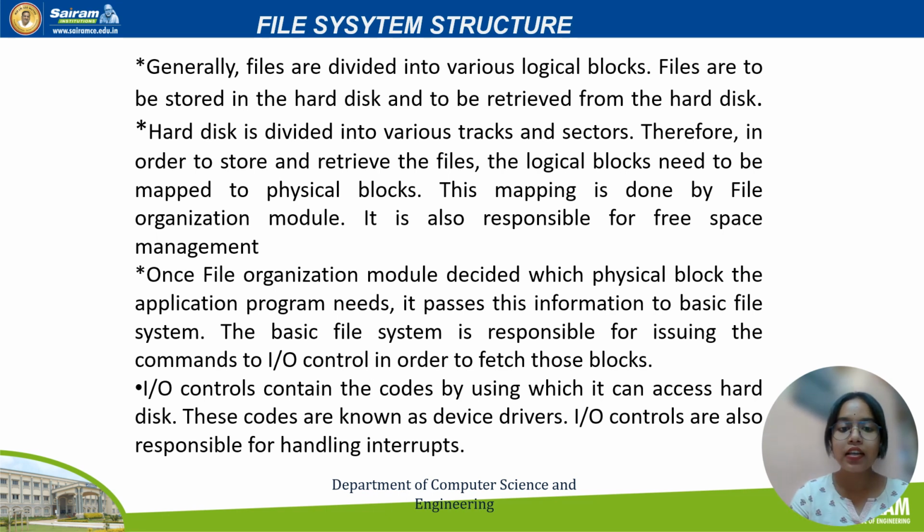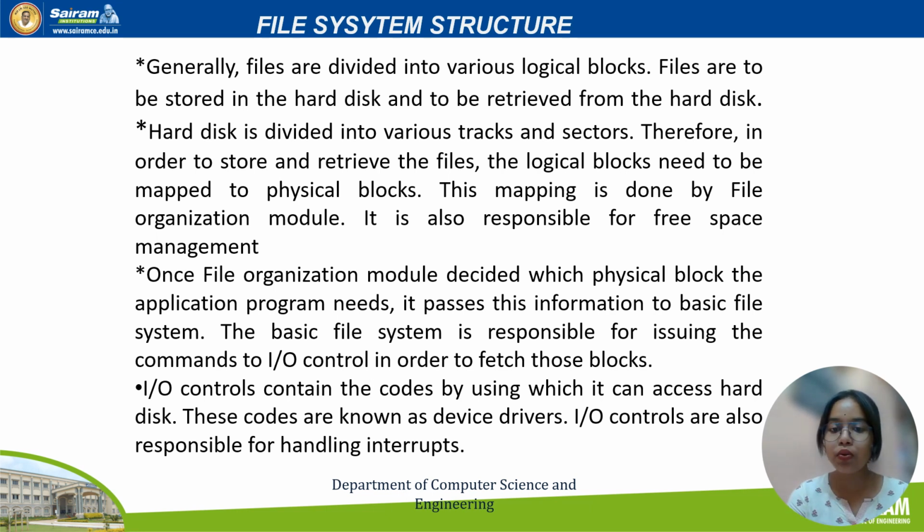Once the file organization module decides which physical block the application program needs, it passes the information to the basic file system. As I said, it is a layer by layer process. The file organization module maps the physical blocks and maintains the free space management.